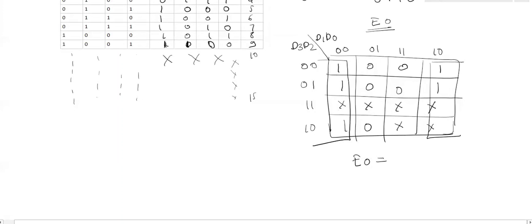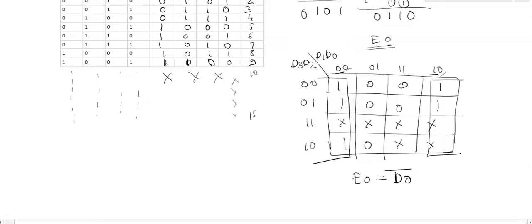The horizontal values will be lost, the vertical value D1 will also be lost, with 1 and 0 as the common value D0 bar. So the expression is D0 bar. This is E0. Similarly, find out the expression for E1, E2, E3.